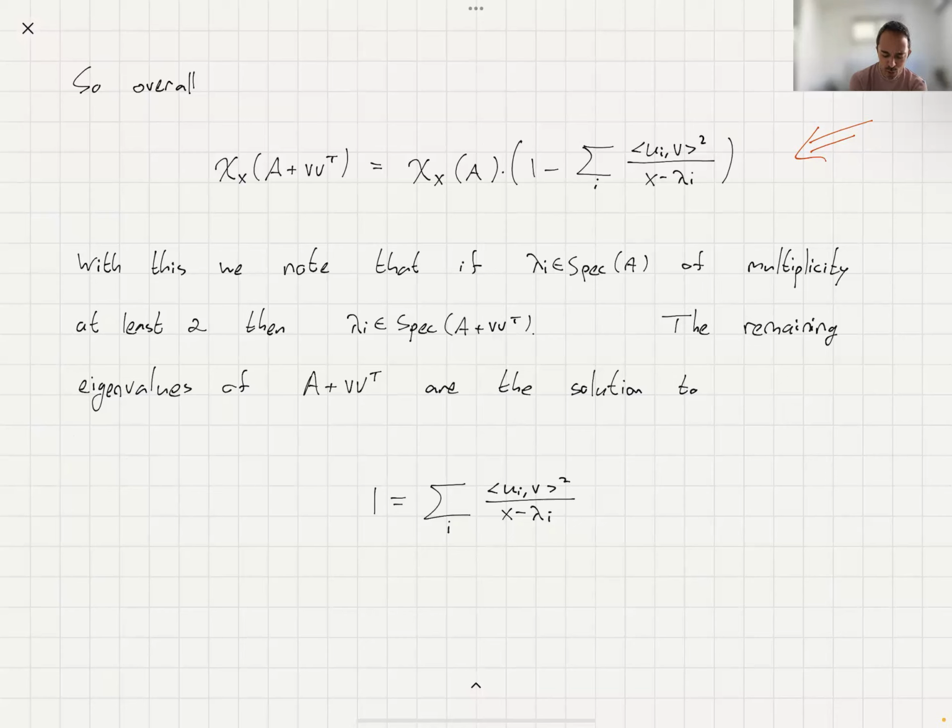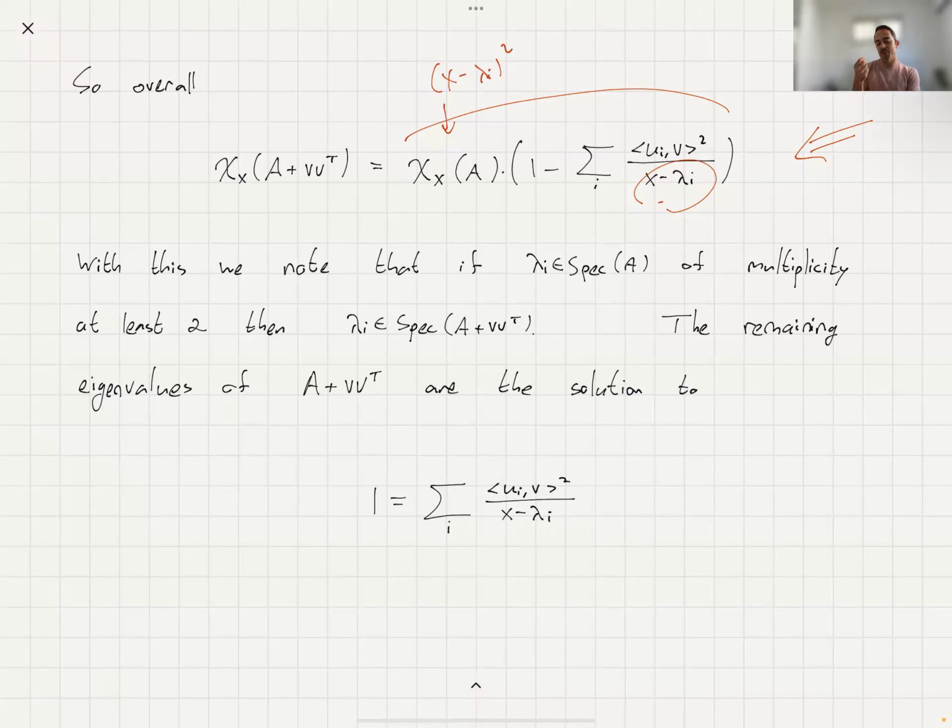So first of all, note that if lambda_i is an element in the spectrum of A with multiplicity at least 2, then it's also an eigenvalue of A plus VV transpose, right? Because if it appears here as x minus lambda_i squared or higher, then it's also a 0 of this thing, because x minus lambda_i here is in the denominator, but it will become part of the numerator when you multiply that out.